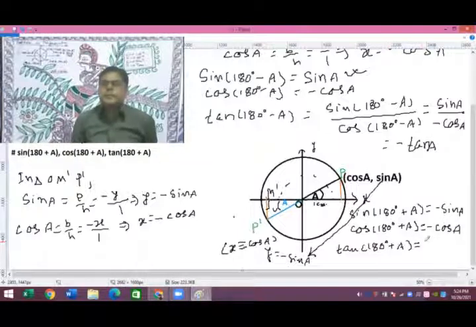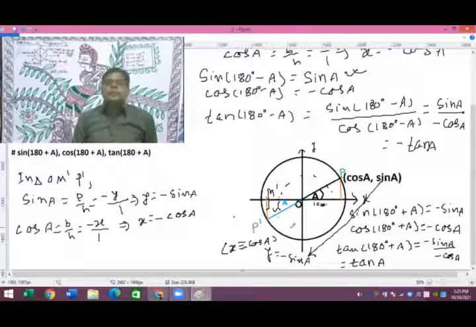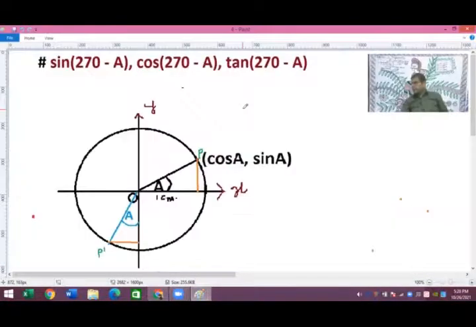So sine 180 plus A by cos 180 plus A: this is minus sine A and this is minus cos A, and the negative signs cancel each other, so it is sine A by cos A, which is tan A. So you know that in the third quadrant tan is positive, that means cosine and sine are negative over here, and the same situation we have found here, because 180 degrees plus A lies in the third quadrant, and in the third quadrant we found sine as negative and cosine as negative, but tan as positive.